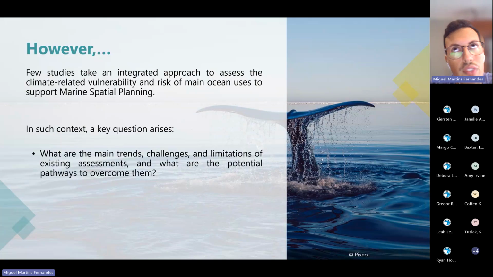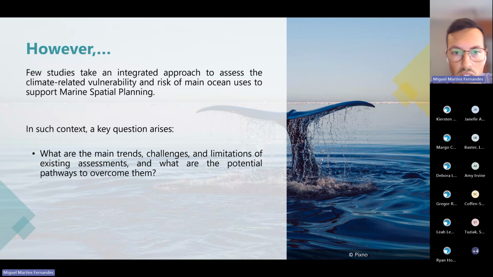However, there are few studies that try to assess climate-related risk of main ocean uses together. They try to specify only one or two, for example. So, in such a context, we try to understand: what are the main trends? What are the main limitations of these existing assessments? And what are the potential pathways to overcome them?